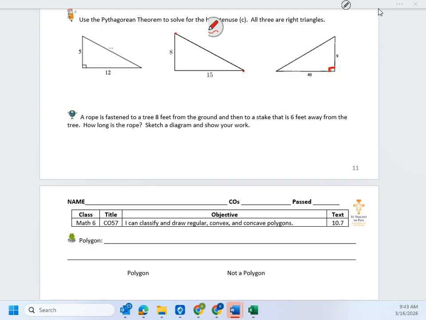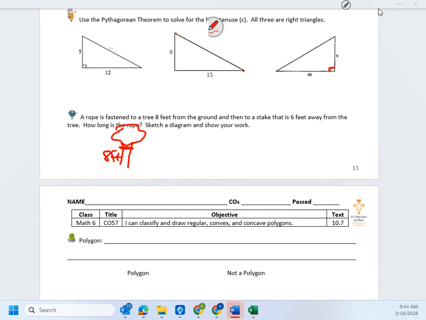Okay. So let's say I have my tree. Now, a rope is fastened to the tree 8 feet above the ground. So we know that this is 8 feet up to where that rope is tied onto the tree.